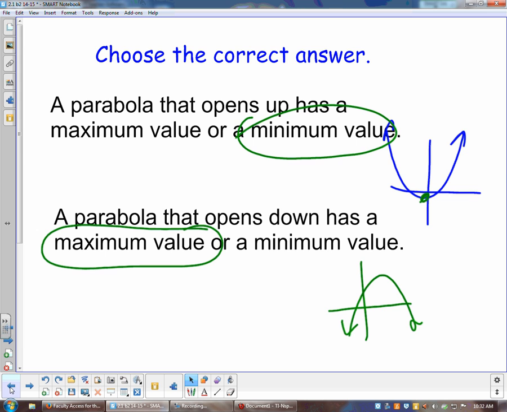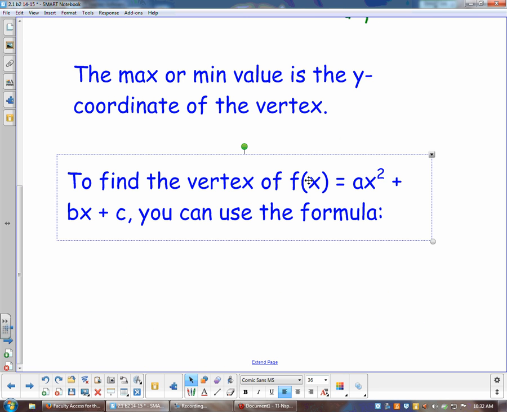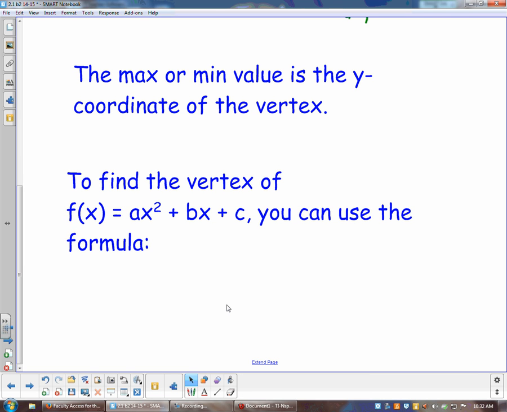So if I back up a second, no, not the graphing calculator yet. To find the vertex, if it's in what your book might refer to as general form, if it's ax squared plus bx plus c, you can use the formula x equals negative b over 2a.